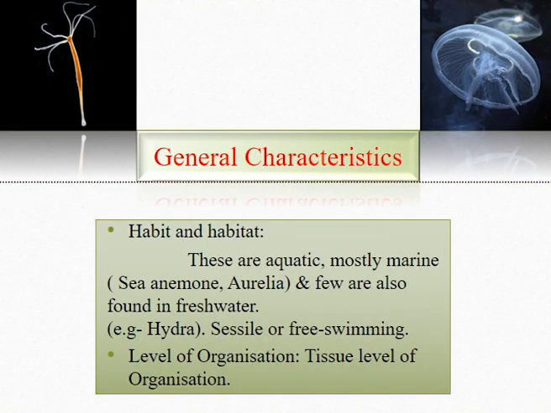When we have a look at the characteristics of cnidarians, the habit and habitat, as we have seen, it is mostly aquatic, marine as well as freshwater, and these are also free swimming, and in some genera we also find the sessile form. Sessile means stationary, they are stationary at one point.